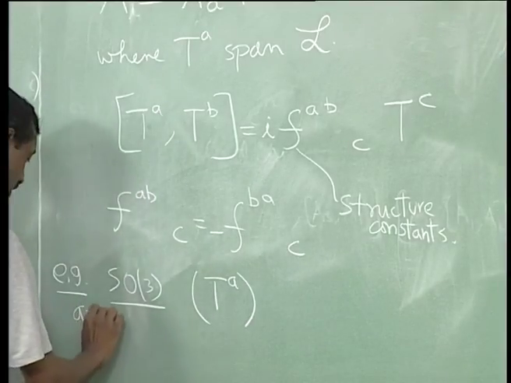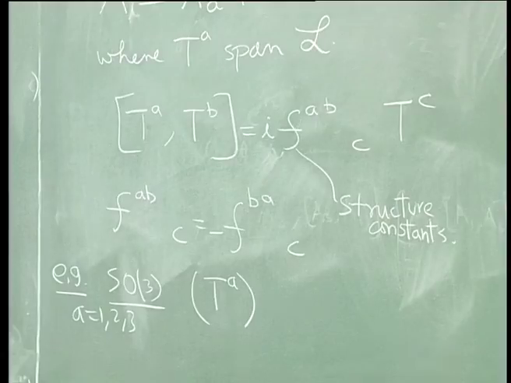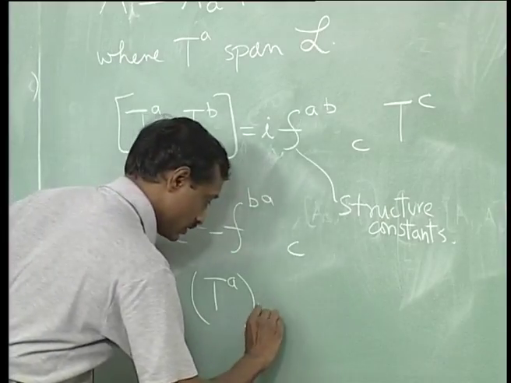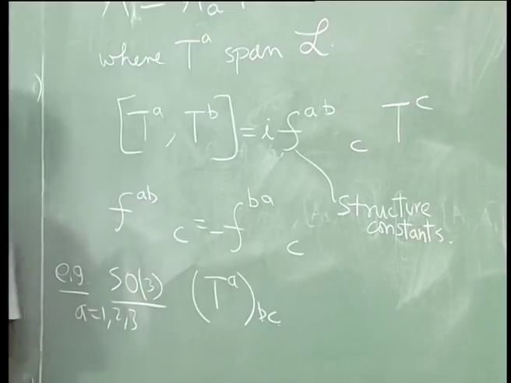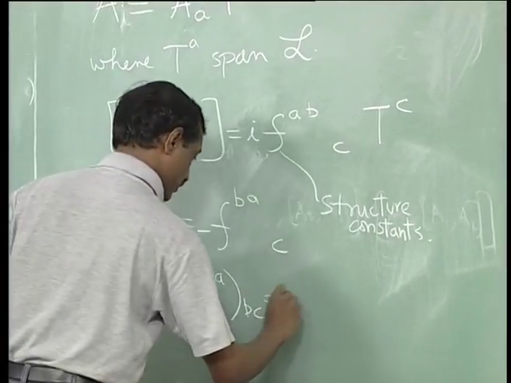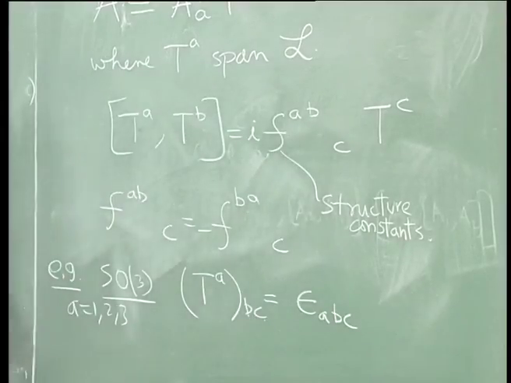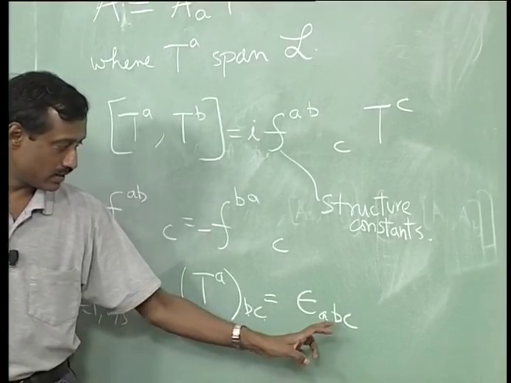A will go from 1 to 3, so there are 3 of them, and I have to give you 3 such antisymmetric matrices. I will give you a very simple basis, where B and C here are the labels of the matrix. So T1 will be the matrix.